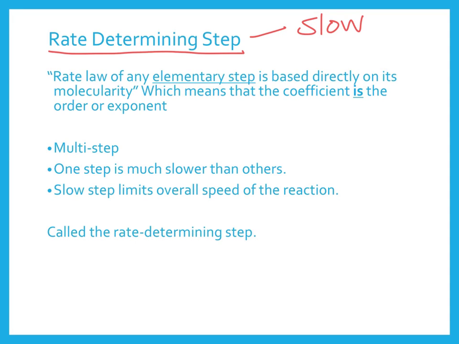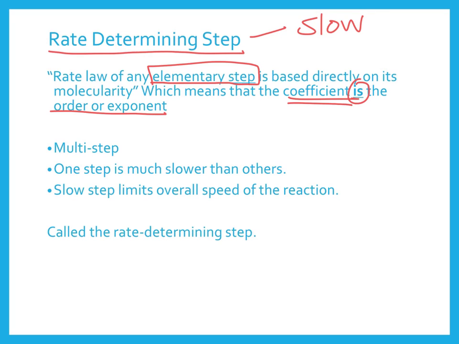One other thing to realize is that for any elementary step, the coefficients are the order for the exponent, but this is only in elementary steps. If it's the overall reaction mechanism, then the coefficients don't matter, as we've learned before.